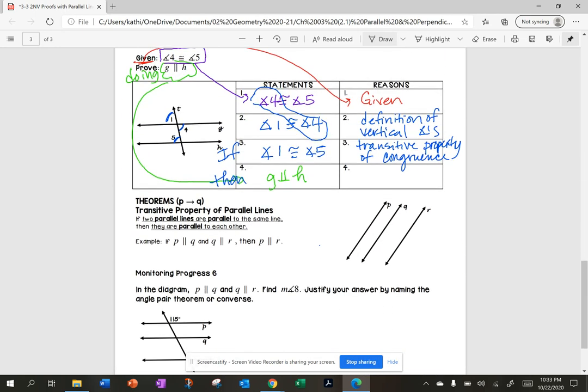So this is the converse of: if I have corresponding angles congruent, then my lines are parallel.